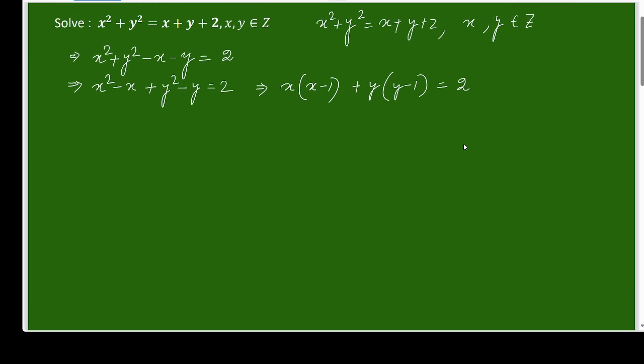So next is coming to analyze this. Here is one term, here is another term, and the sum is 2. Then what will be the possible value?